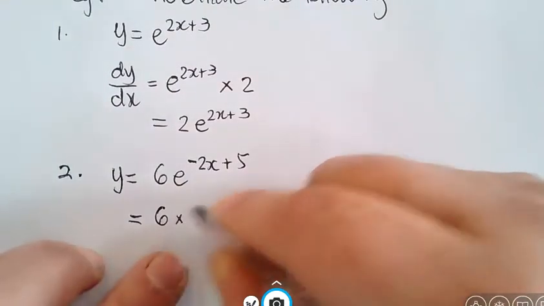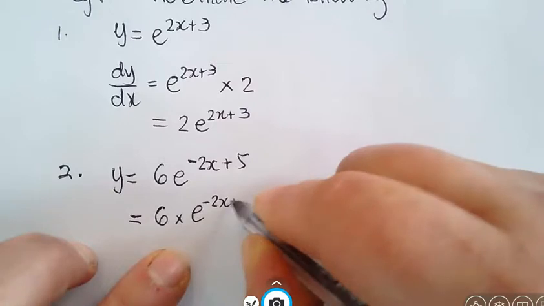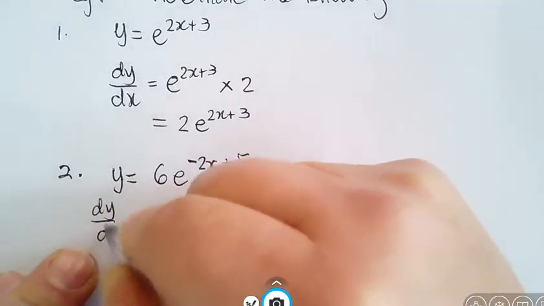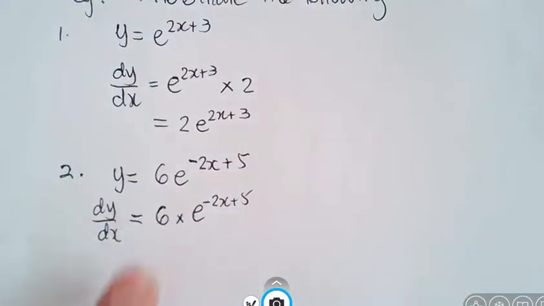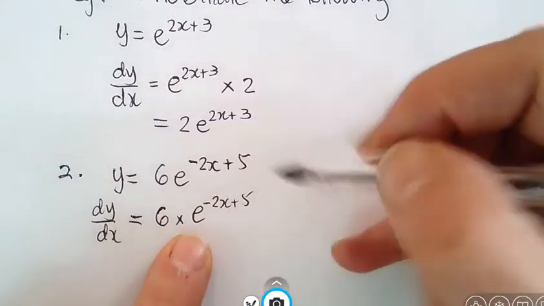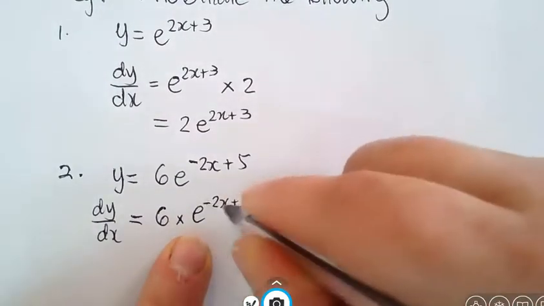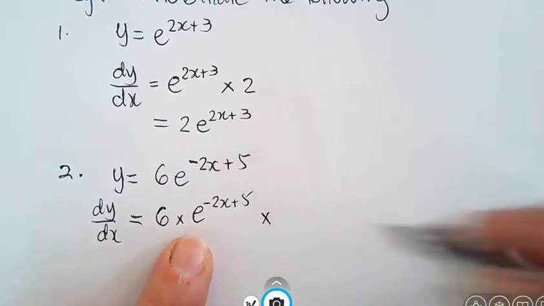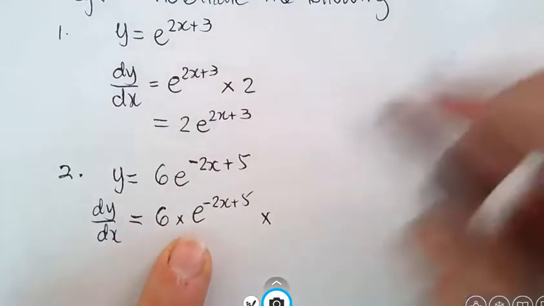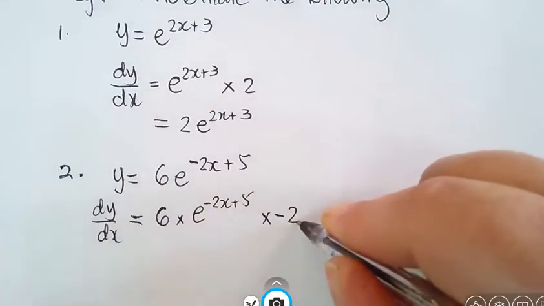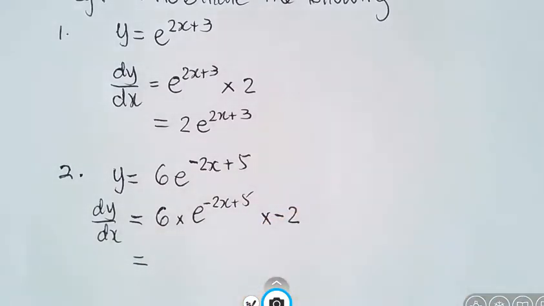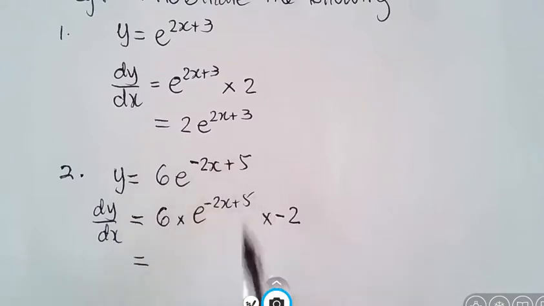So times, right, we've still got this. So when you differentiate that, the 6 is a constant, good. You still write out your exponential times, but it's not e to the x, so I have to differentiate what's up there. My power, what do I get? Okay, so you still get the same thing, but then you just got to differentiate what's up the top.